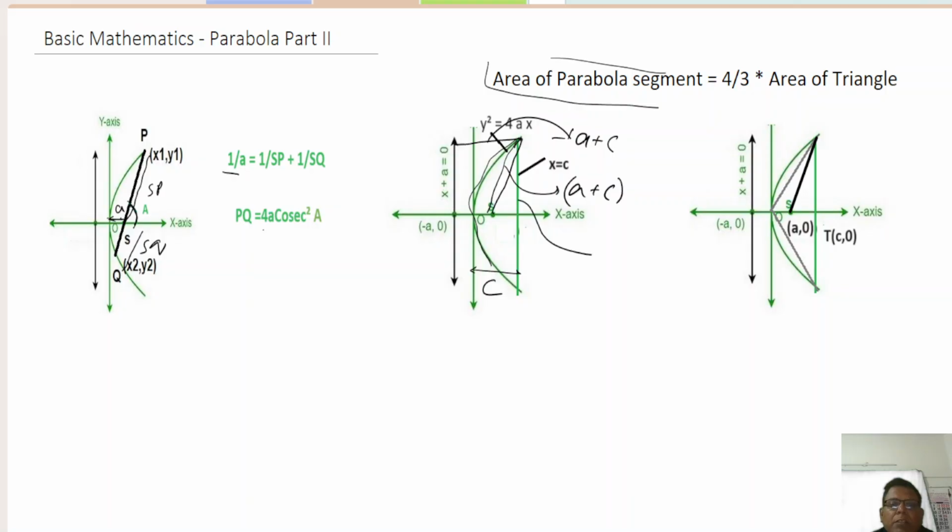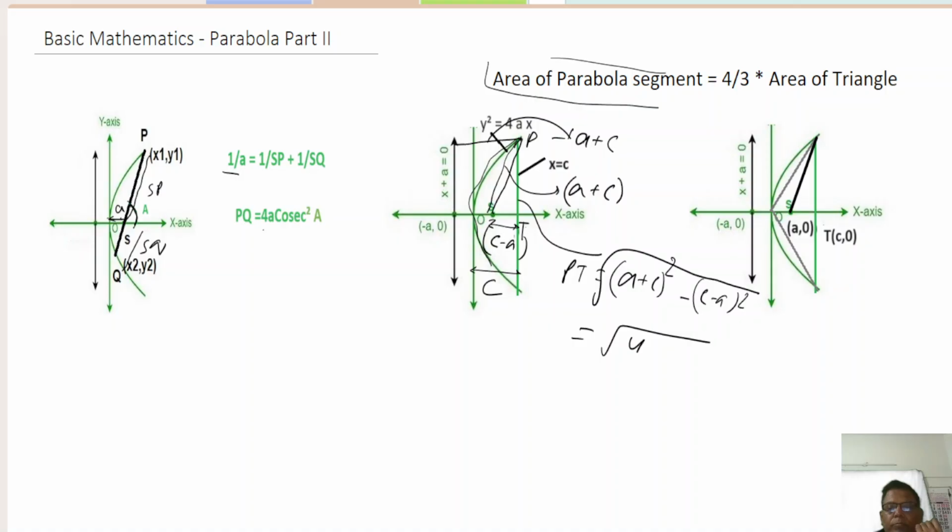Then suppose this one is P, then the PT distance is the square root of (a plus c) the whole square minus (c minus a) the whole square, which is equal to root over 4ac, that is equal to 2 root ac.